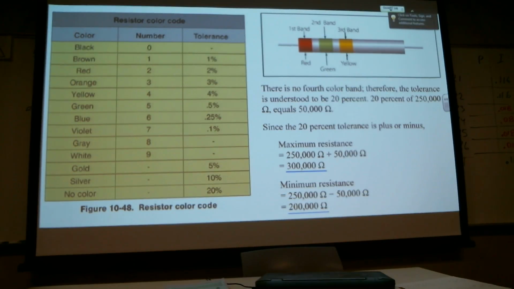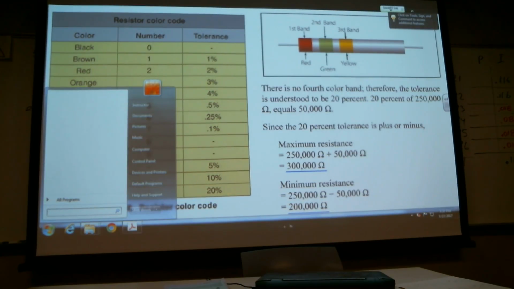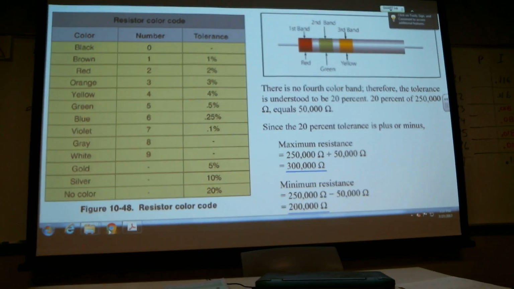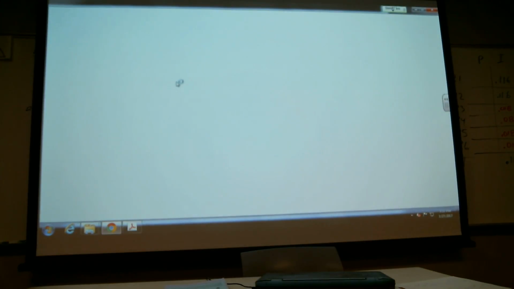There are only a couple of values, green consecutive to 5, and then 2 other values, 25 to 1, and then no values for 8 and 9. I can look it up pretty quick. Let me look real quick, because I bet you it's the book that's wrong.